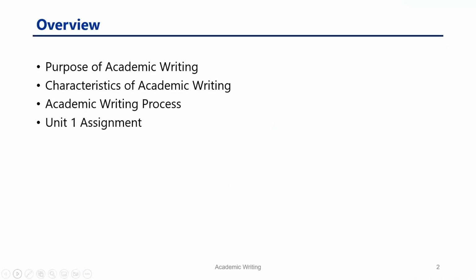In this video, we are going to talk about the purpose of academic writing, the characteristics of academic writing, the academic writing process, and we will go over the instructions for the Unit 1 assignment.